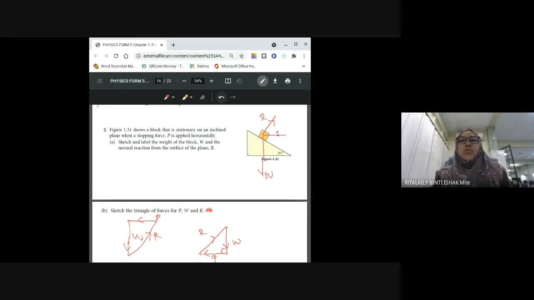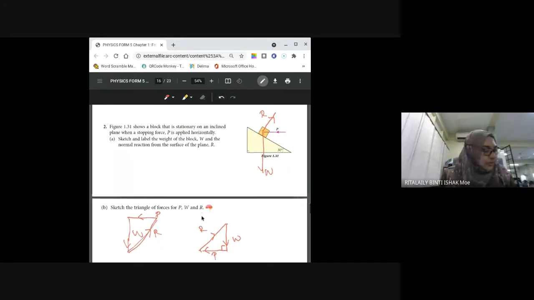Okay, so there is no one method. There is no one drawing. Boleh drawing macam-macam ikut cara awak, but the direction of the forces mesti cycle, dan juga bila kita pindahkan dia mesti parallel. Dia tak boleh lari. Okay, because P horizontal, W vertical kan. So kena follow lah. And then R is at a certain angle.